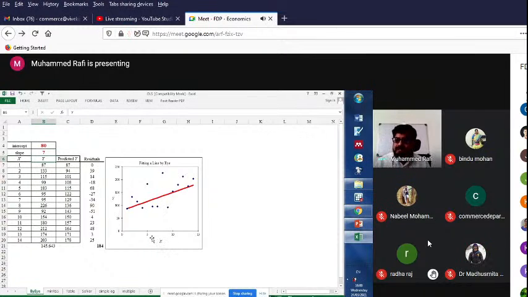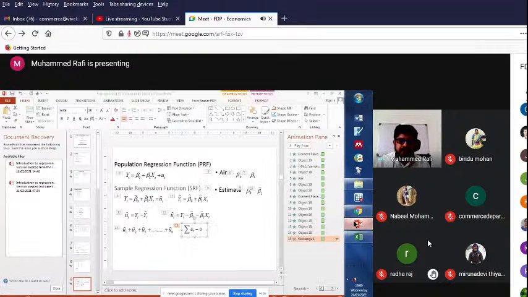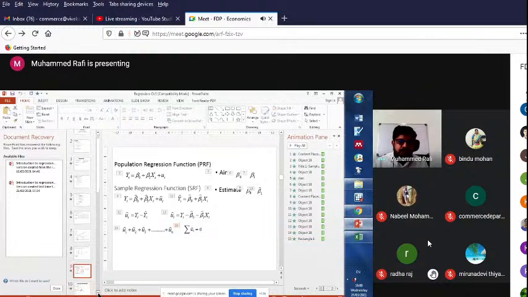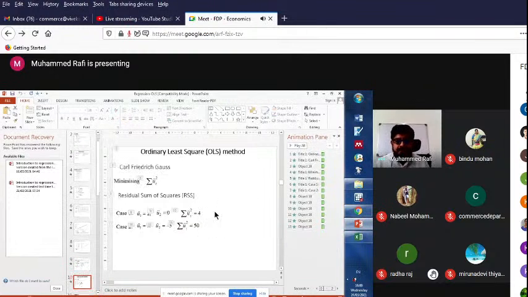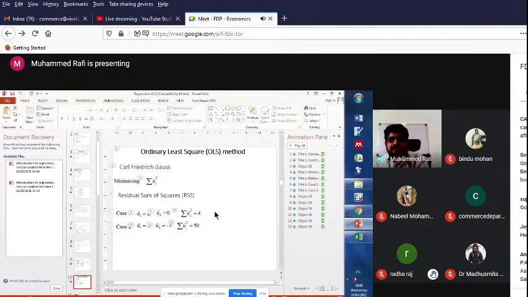The problem here is that when you are fitting a line where you have both positive and negative errors, and when you add them, you get 0.